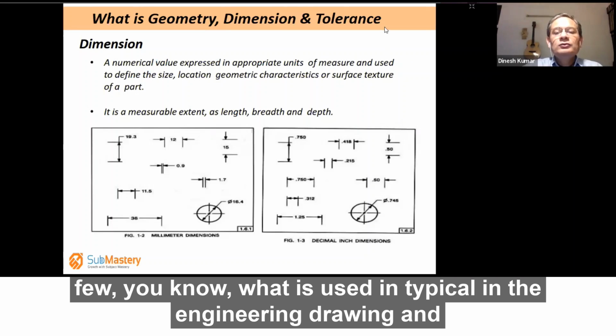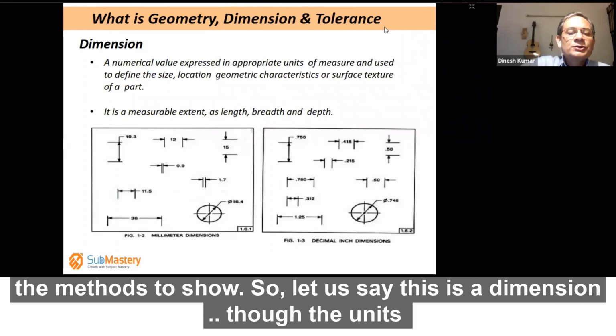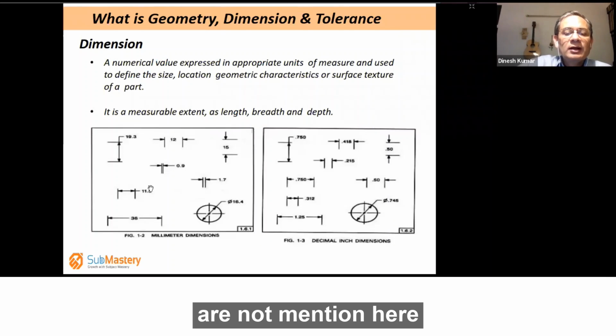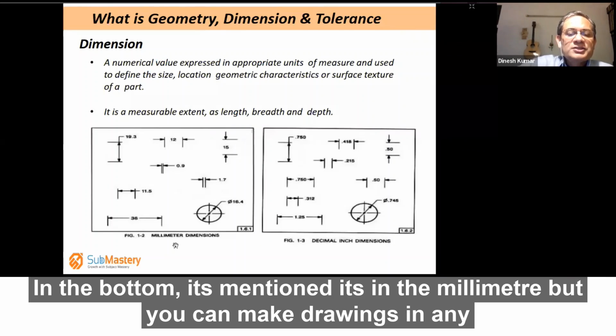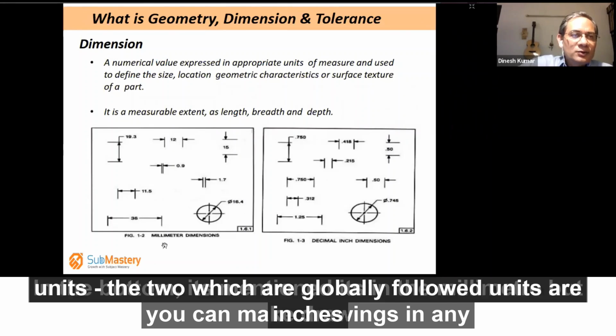These are a few of what we use typically in engineering drawings, and the methods to show them. Let's say this is a dimension, though the units are not mentioned. At the bottom it is mentioned that it is millimeter, but you can make drawings in any units.